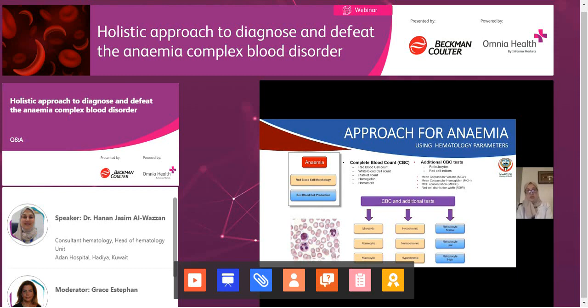Then additional tests should be added, in cases of normocytic normochromic or macrocytic anemia, with the reticulocyte count. And then we can classify anemia as microcytic hypochromic, normocytic normochromic, or macrocytic, with different levels of reticulocyte count, in addition to performing the blood film for the patient, which has a major diagnostic impact.